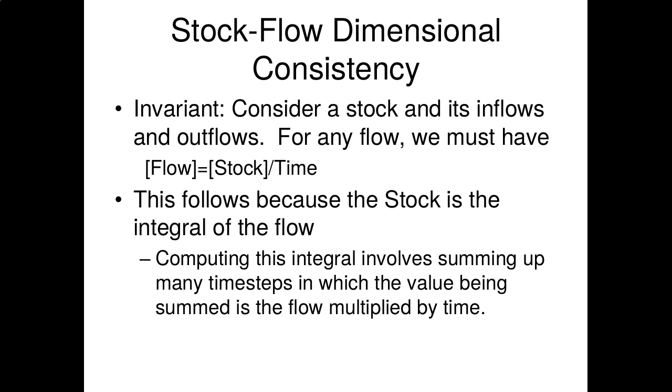This is some unit of time, or some small bit of time, and we're multiplying by the flow. We're totaling up the flow as it occurred on a per day basis, let's say, multiplied by the length of the day, and we're summing that up. That's what this integral is. It's a sum of these terms. You could think of it as being approximated by this, delta tau. This is a delta, a small step.